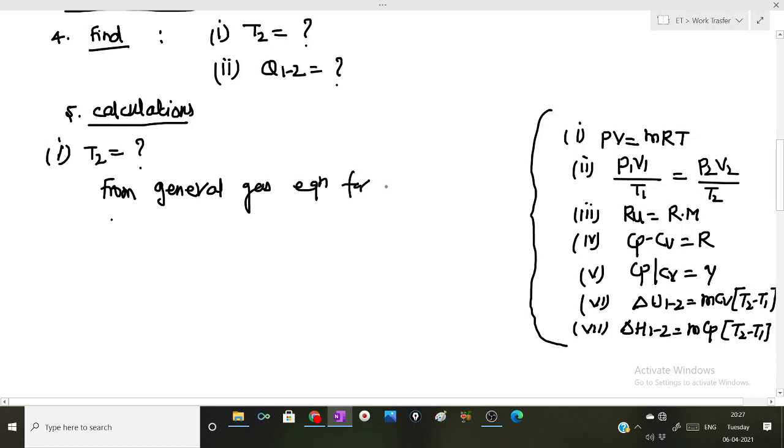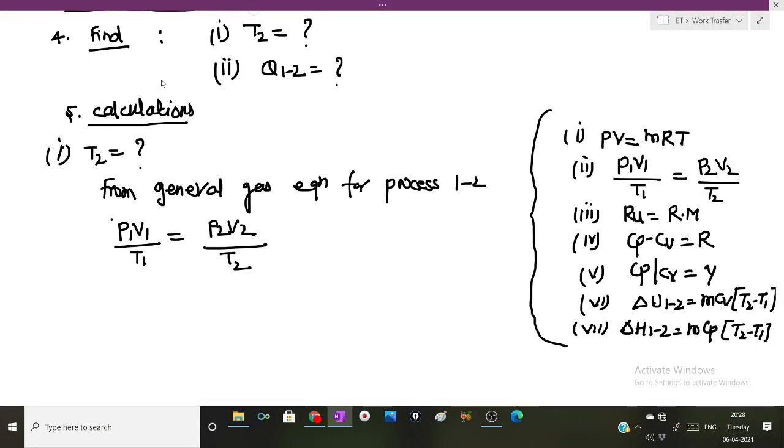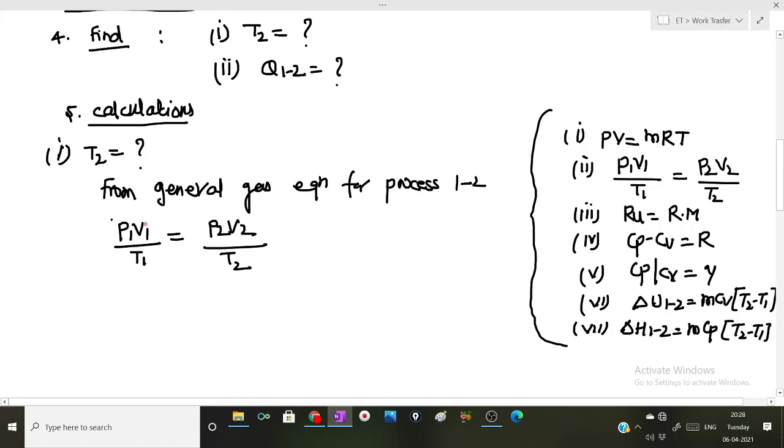For process 1 to 2, P1 V1 by T1 is equal to P2 V2 over T2. Now we can cancel V1 and V2, as V1 is equal to V2 is equal to V, constant volume process.